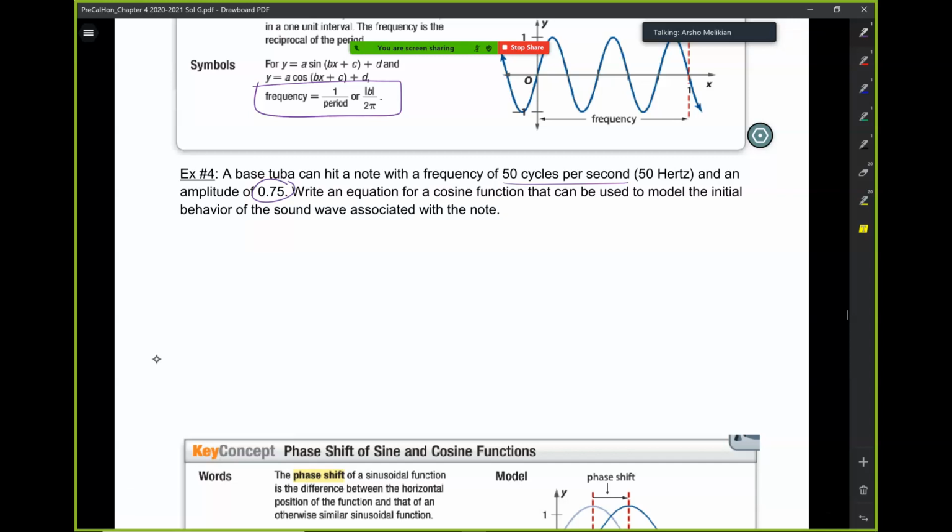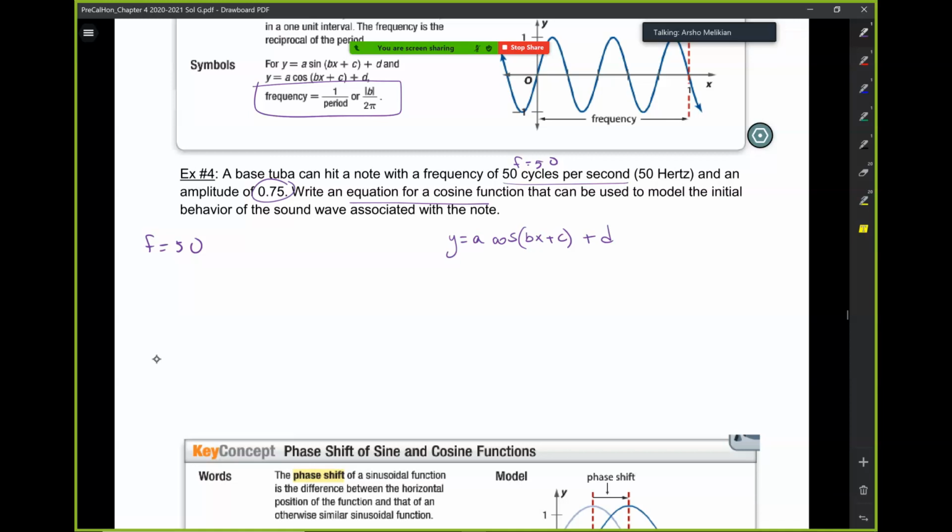So I have frequency is 50 and amplitude is 0.75. We want to write an equation for a cosine function. Okay, well, what does an equation for a cosine function look like? A cosine bx plus c plus d. Okay, so I need A and I need B.